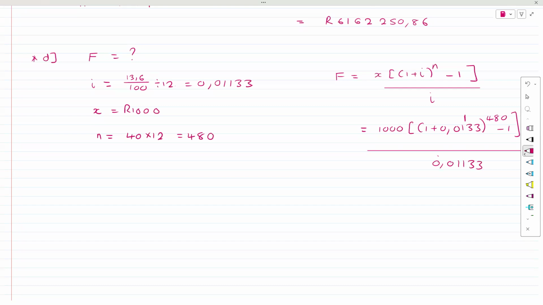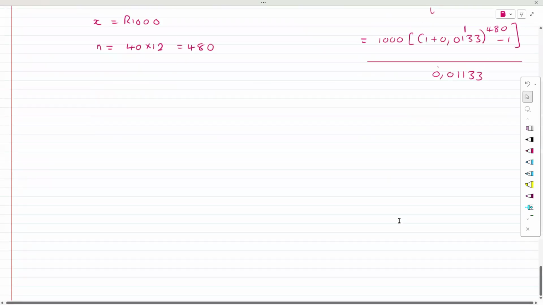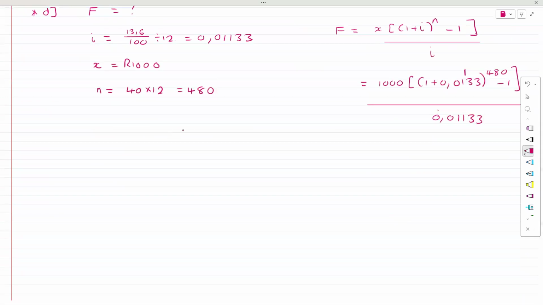And if we put that properly, this guy made a lot of money. Let me just confirm. There's 1,000 Rand into 1 plus 0.01133, the power of 480 minus 1 divided by 0.01133.